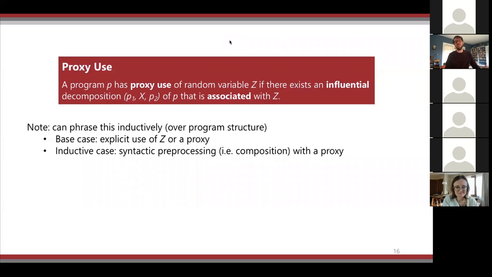So the advantage of framing this inductively is that if the structure of our program admits a well-founded induction, then we actually have a method for checking proxy use purely syntactically, right? Assuming that we can accurately measure the association of each decomposition of the program with a given random variable.